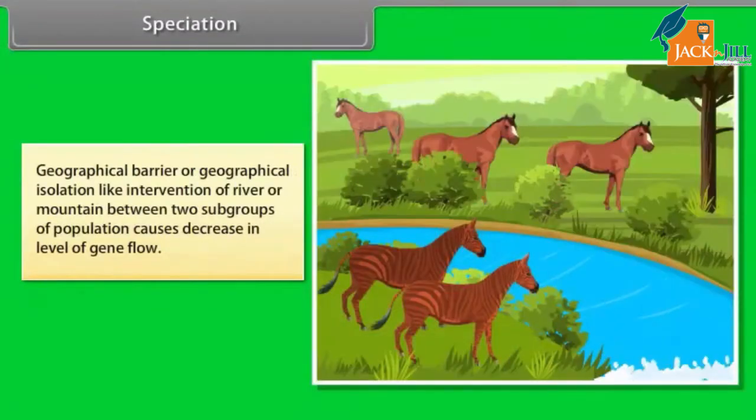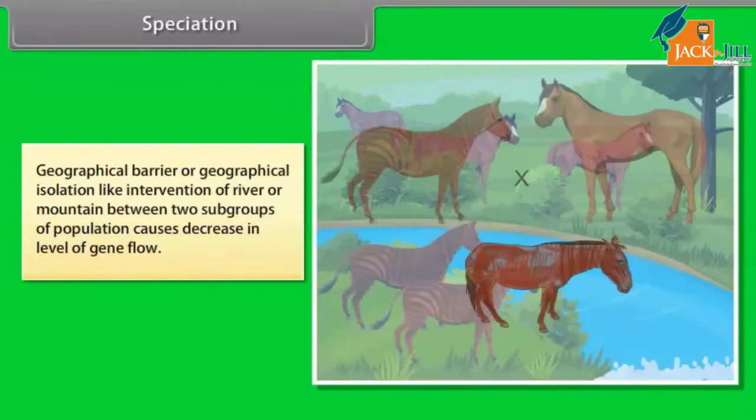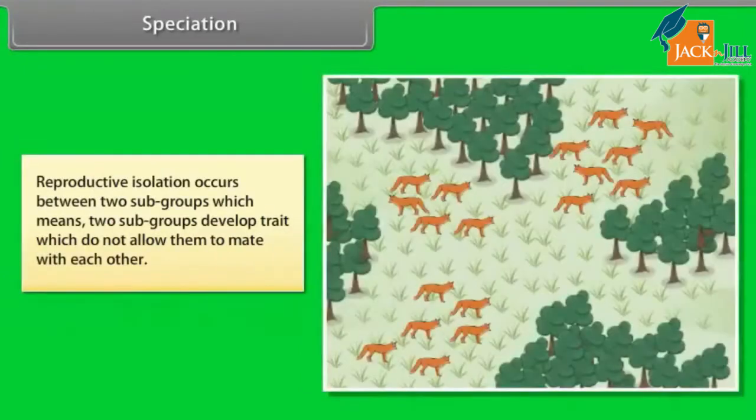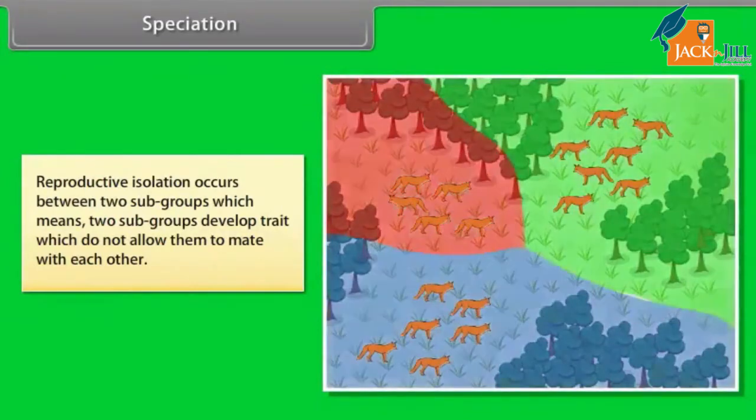Geographical barrier or geographical isolation, like intervention of river or mountain between two subgroups of a population, causes decrease in level of gene flow. Reproductive isolation occurs between two subgroups, which means two subgroups develop traits which do not allow them to mate with each other. Evolution and classification.